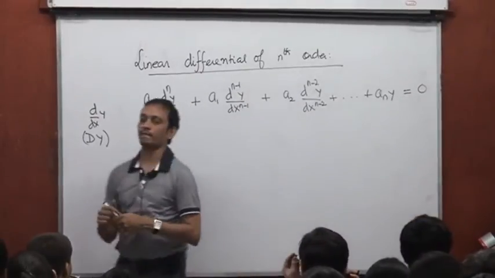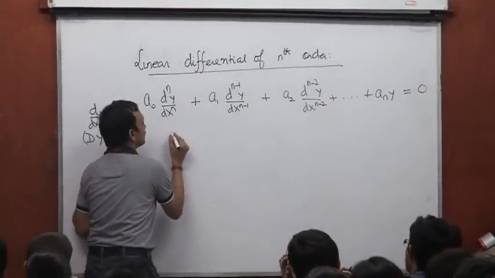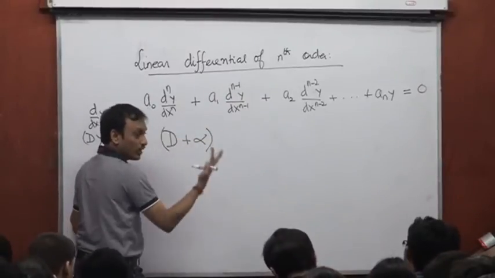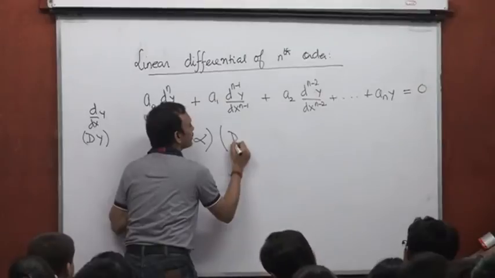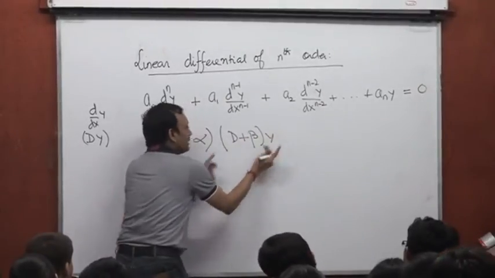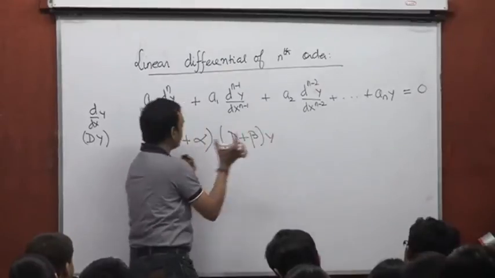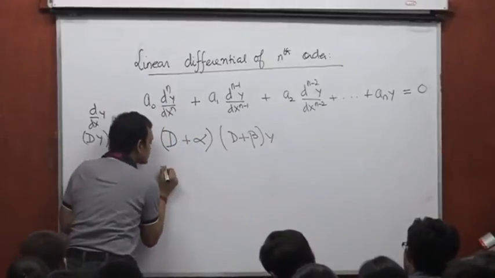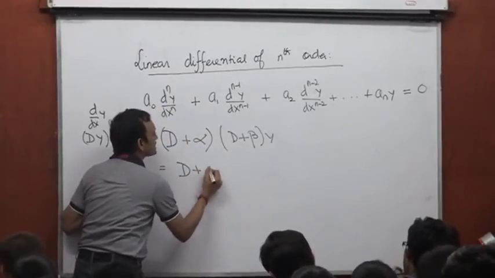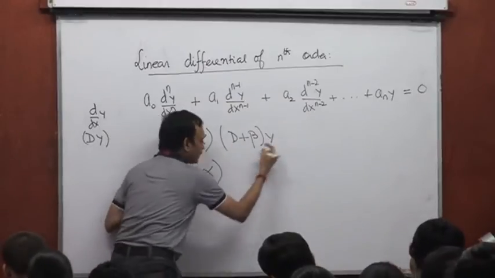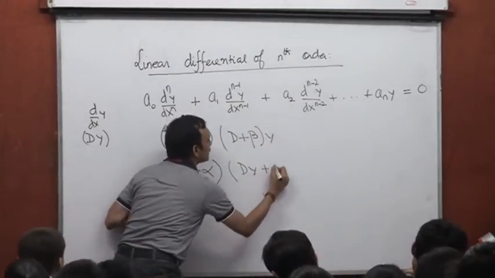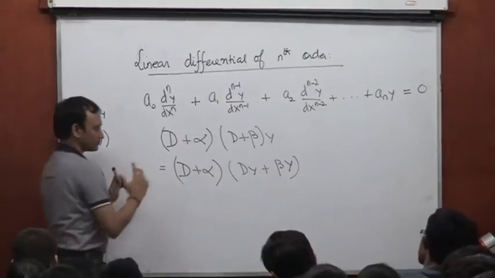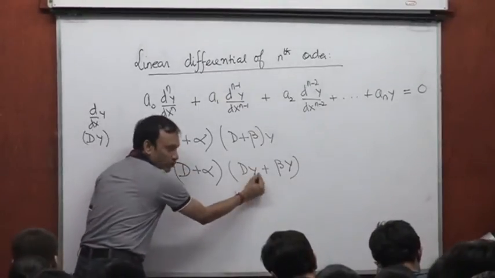When I say D plus alpha acting on a function, that function is D plus beta acting on y, right? D plus beta acting on y will give me a certain function on which the operator D plus alpha can act. This would mean D plus alpha acting on D y plus beta y, which would be D acting on Dy first.